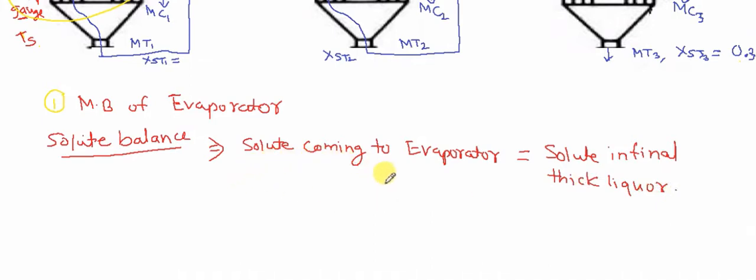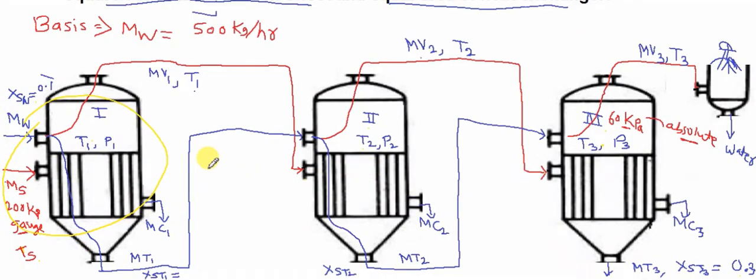Solute coming to the evaporator: you will see that the solute is coming to the evaporator from this weak liquor. So whatever solute is coming to this evaporator, all that solute you will get in the final thick liquor.